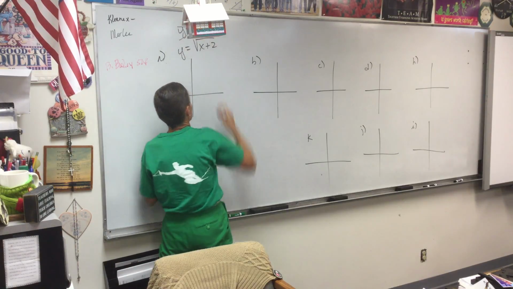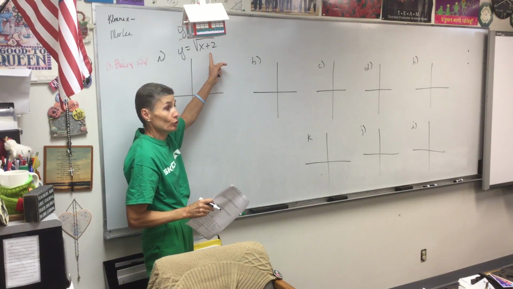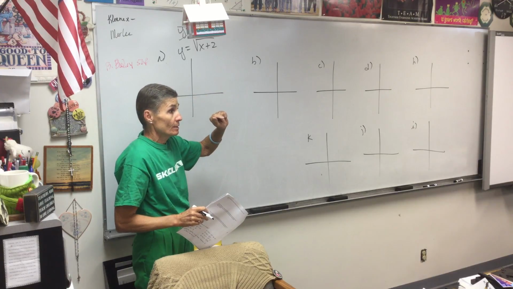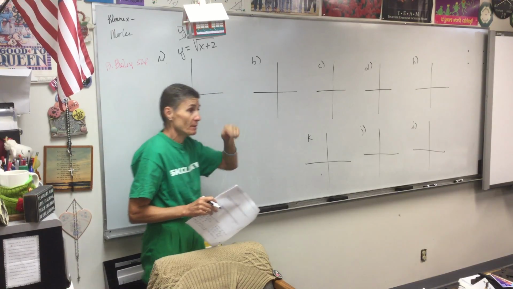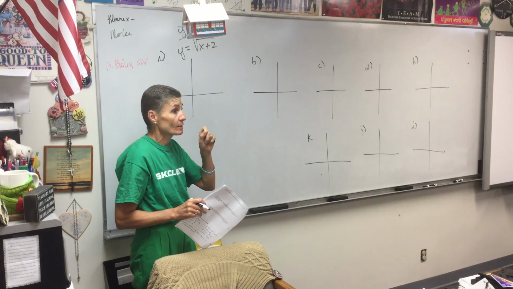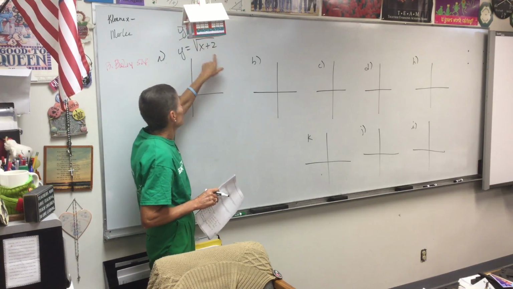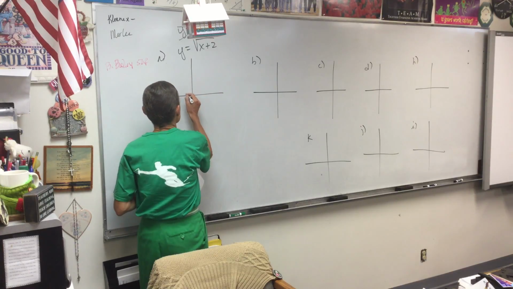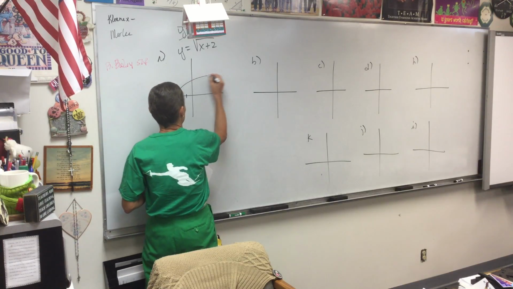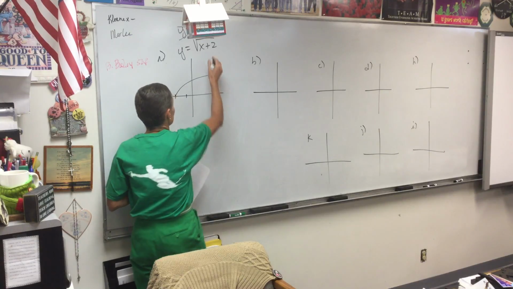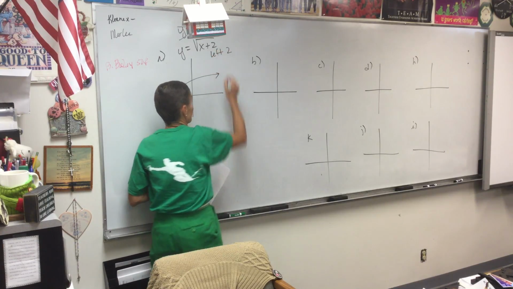We've got the 2 hooked right to the x. Who remembers what happens to the picture, Paul? It moves up on the y-axis. That would be what this one would do. I mean, it moves to the left on the x-axis. That's exactly right. So it's our square root function going left 2.